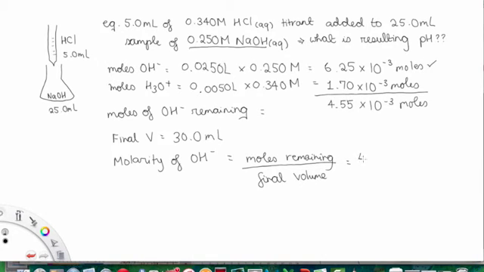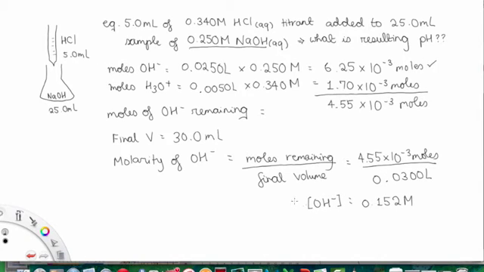And this is going to be 4.55 times 10 to the power of -3 moles over 0.03 liters, and we get a value of 0.152 molar. So remember, this is now the concentration of OH minus.